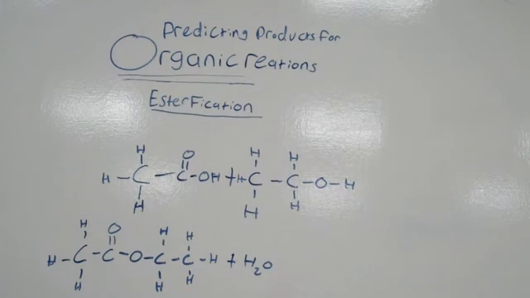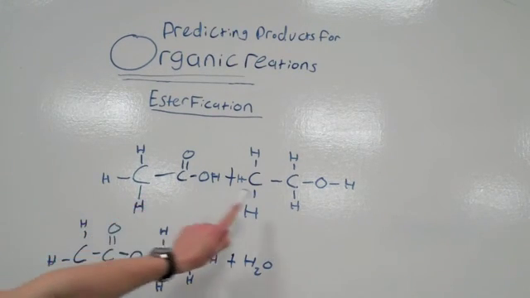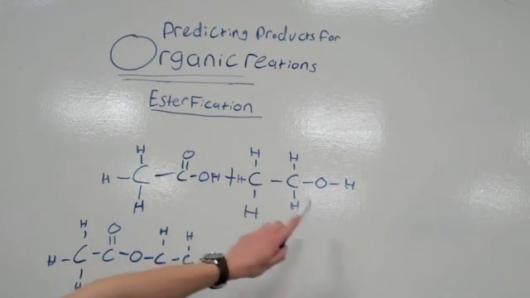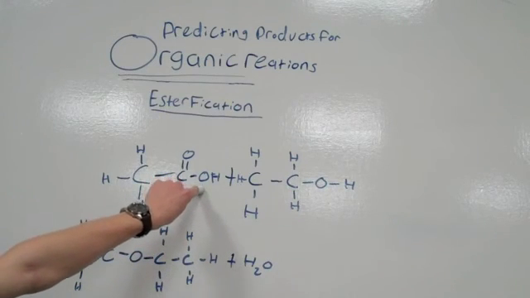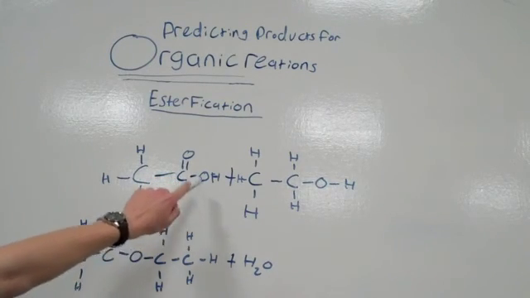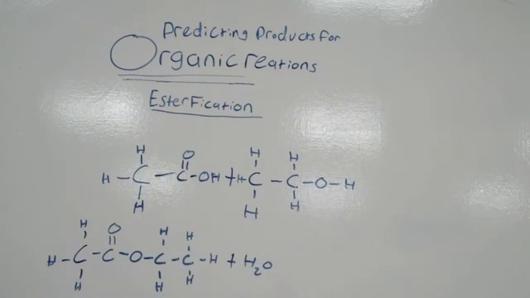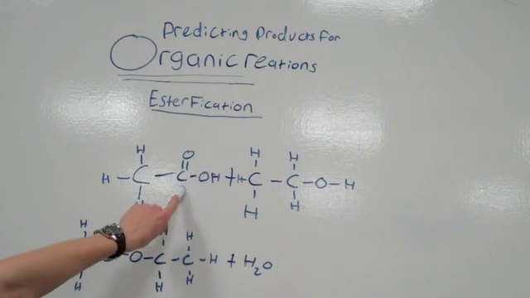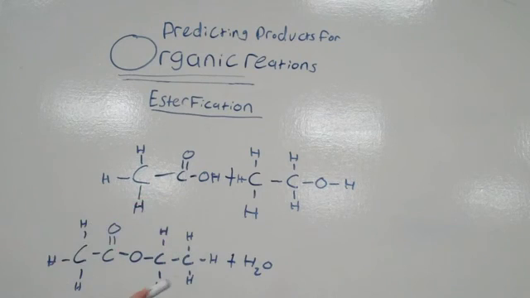The reaction between the acid and the alcohol will occur between the two hydroxide groups, with the hydroxide on the acid reacting with the hydrogen of the hydroxide group on the alcohol to produce the water, with the remaining oxygen from the alcohol bonding to the carbon of the carboxyl group on the acid to produce your final ester.